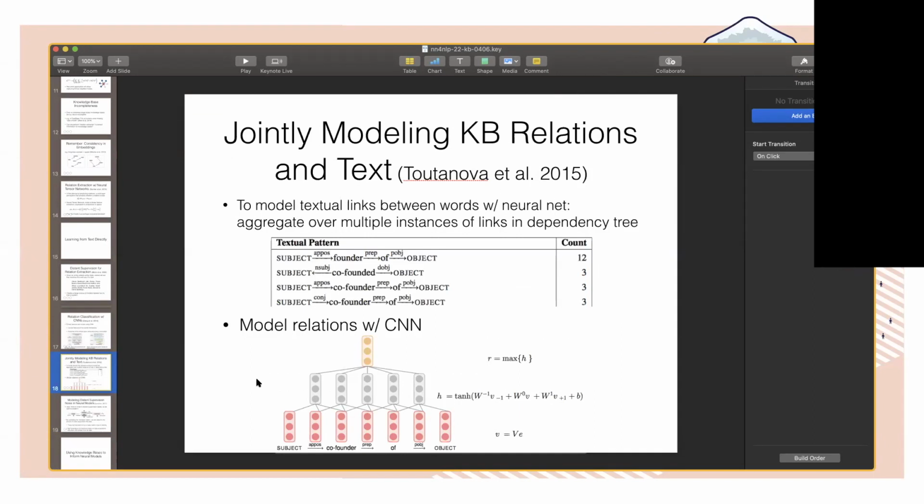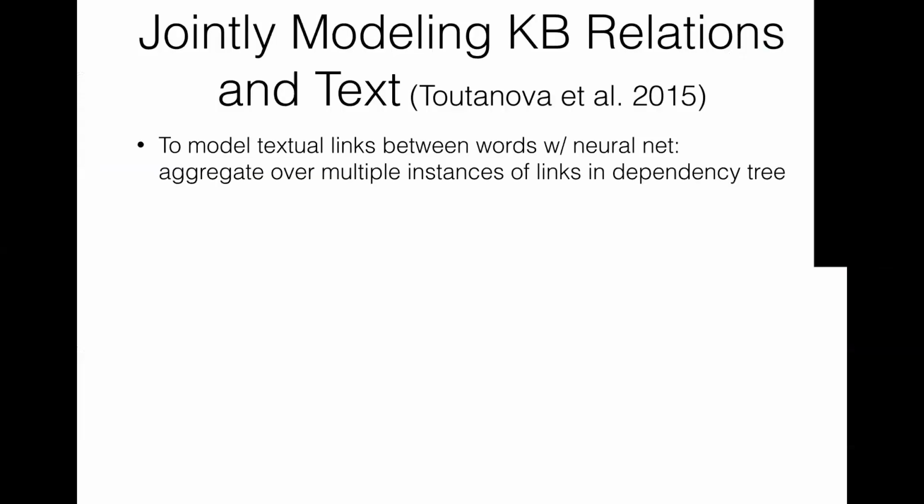So subject and edge or the co-founder, every single one of them has embeddings. And the output will not be a probability distribution or anything like that. It will be a vector that represents the relation, which is described by a certain path. So the textual pattern you see in the middle of the slide here.